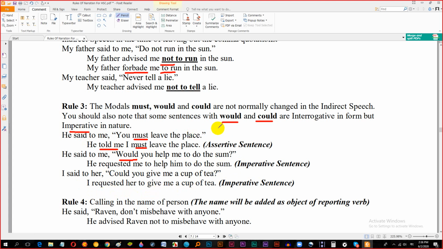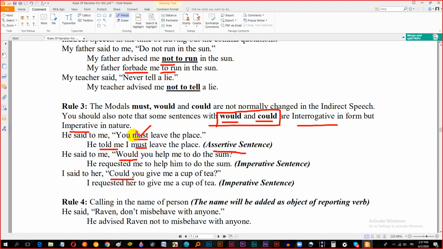So actually what is happening? If you find this could or would in an interrogative sentence, then you are changing this could or would. That means you are just using requested. But if you don't find it in interrogative form, if you just find it in an assertive sentence, then you have to keep it as it is.